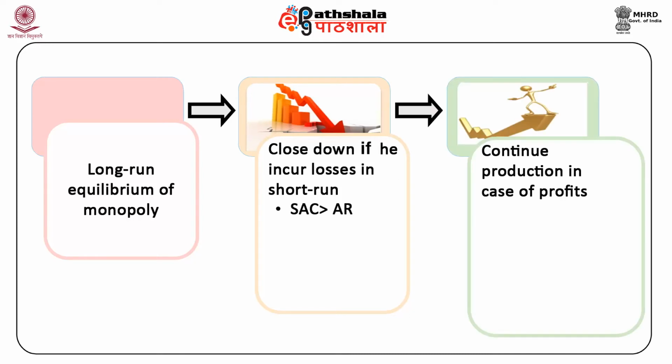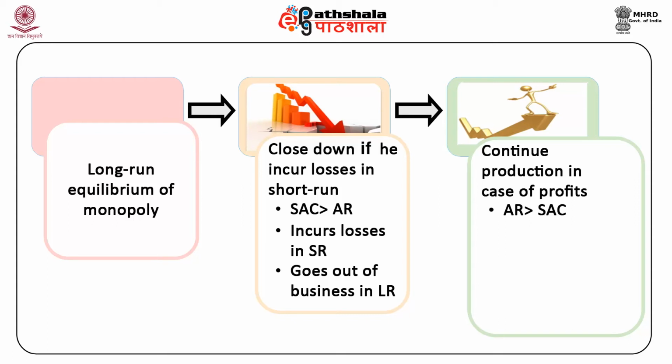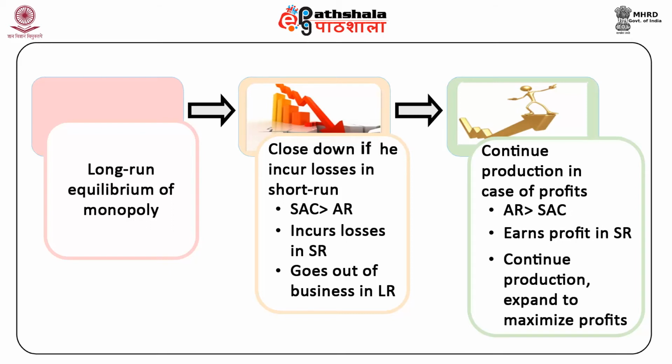If SAC is greater than AR, then the monopolist makes losses in the short run and will go out of business in the long run if the market size is so small that no plant size can endure pure profits in the long run. However, if AR is greater than SAC, then it earns a short-run profit. Then the monopolist will continue production and can even expand in order to maximize its profits.